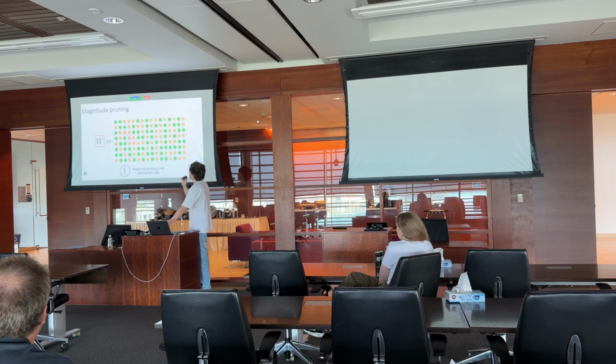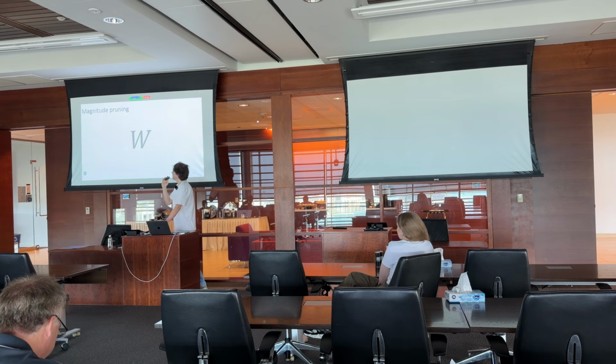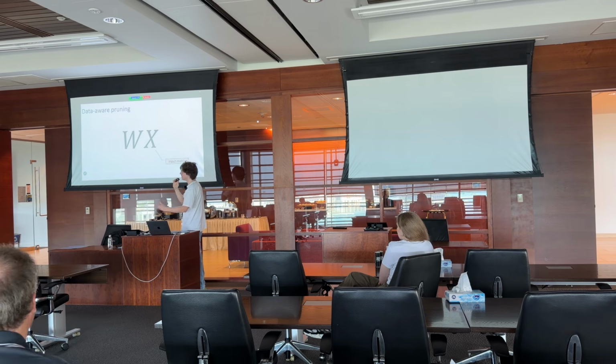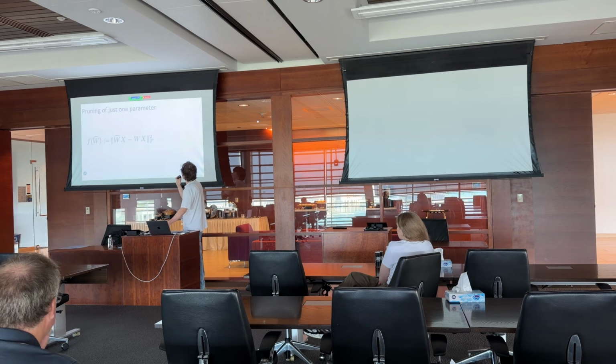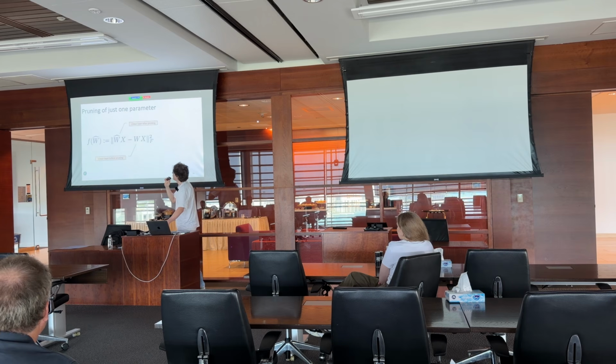The problem with this approach is that we only consider W itself, but as I mentioned before, the output of a linear layer is the multiplication of W and X, where X is the input. The loss that we want to consider is the following, where W hat is the linear layer after pruning and W is the linear layer before pruning.